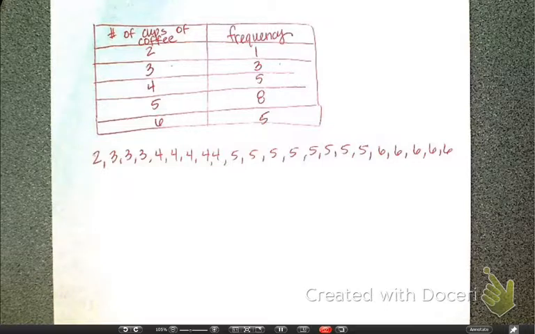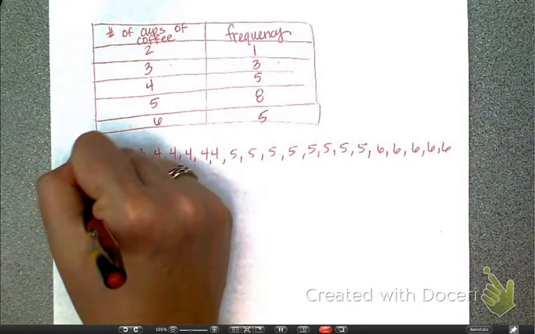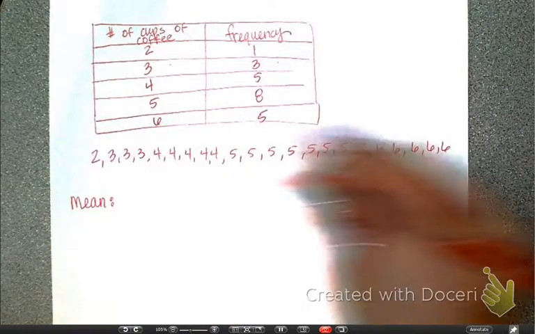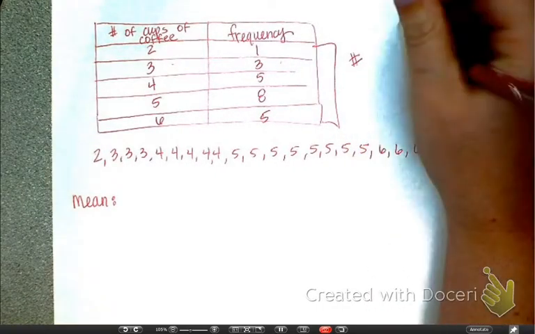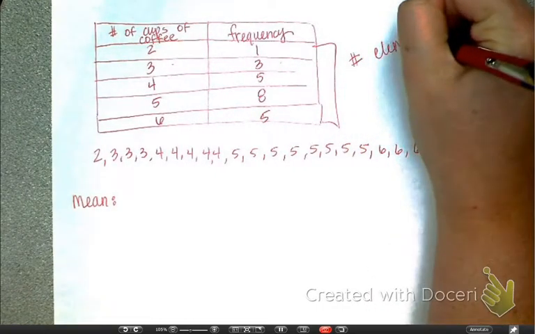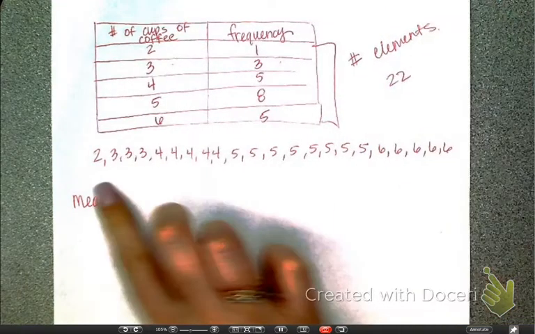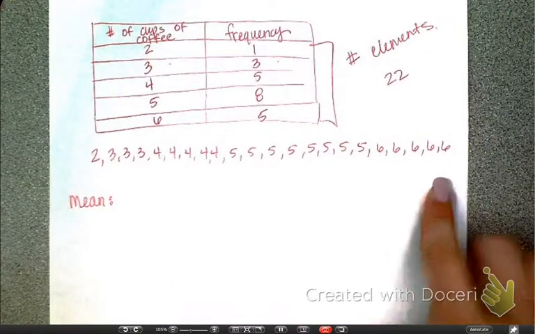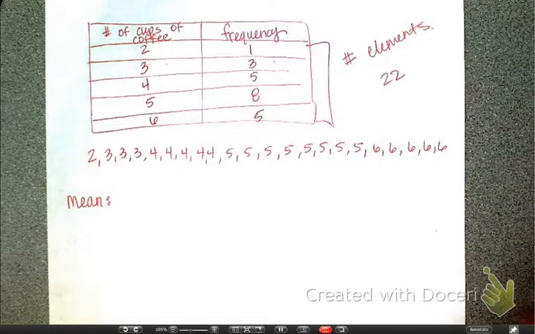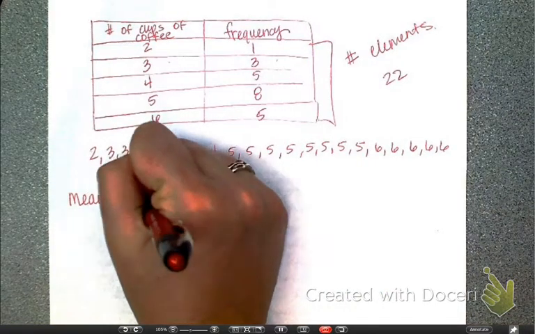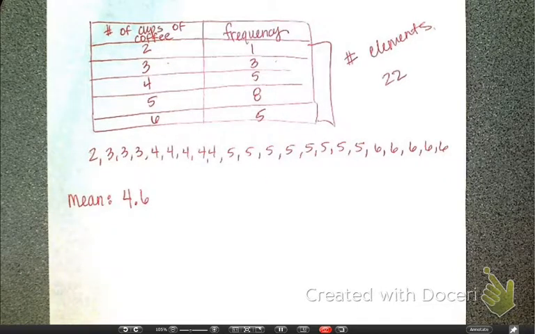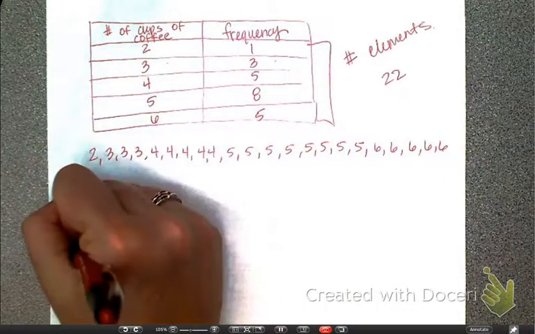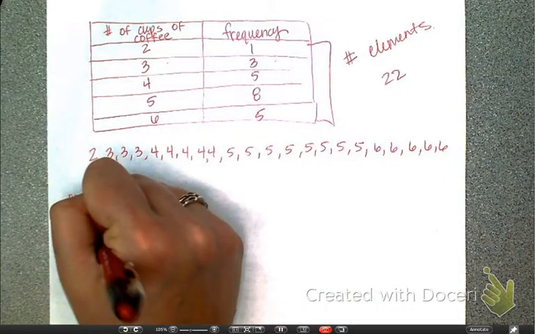Yes? Okay. When you add everything up and divide by your number of elements, how many elements did you have? You had 22. And you can count them here. These will also equal 22. So when you add everything up and divide by 22, you should have gotten 4.6. And that lies within your data points, so you're good. The median is the number in the middle.